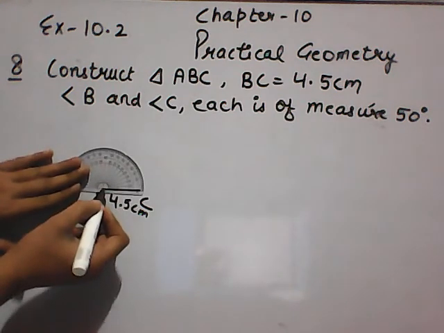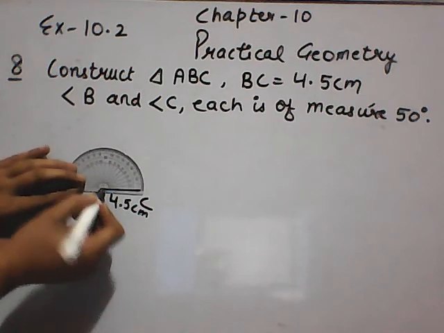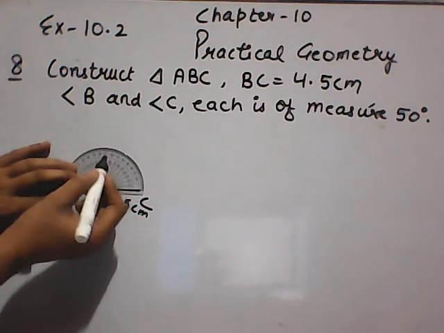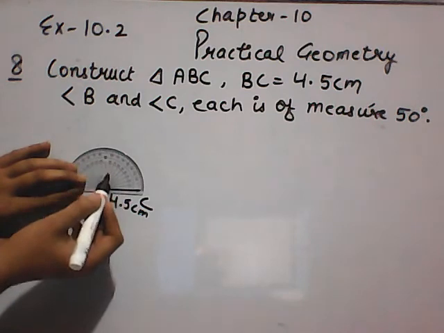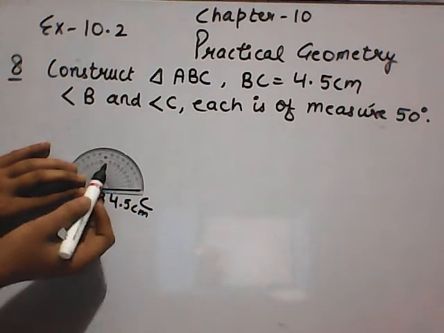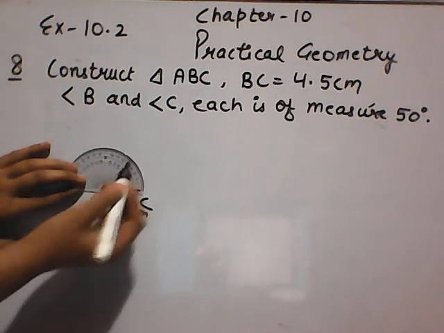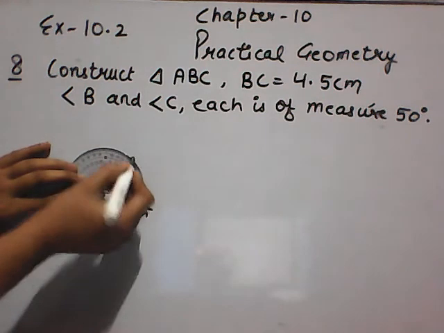So you have to overlap the midpoint of protector and the baseline BC. It is 90 degree. You have to read out the lower graduated scale: 90, 80, 70, 60, 50. It is 50-degree angle.